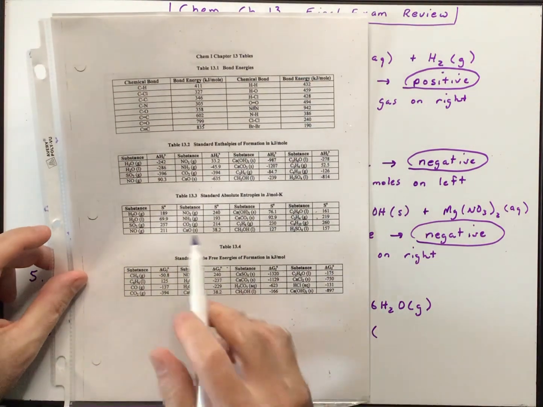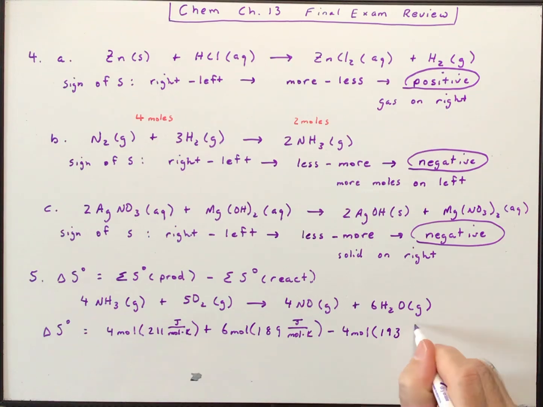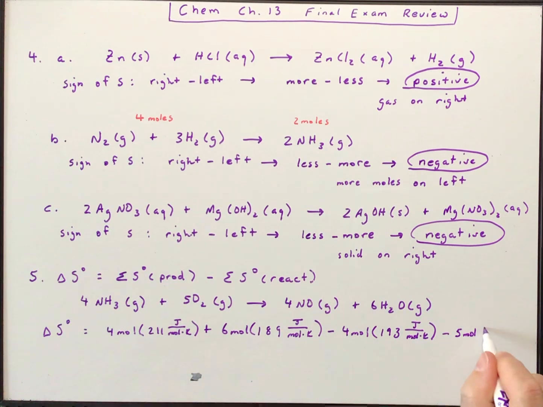So NH3 gas, 193. And then subtract out 5 moles. And that was, according to our problem, 205. It's not in the table, but everything has an entropy.